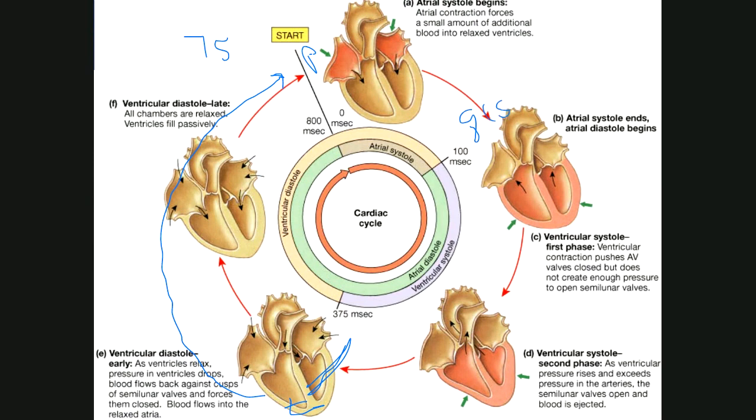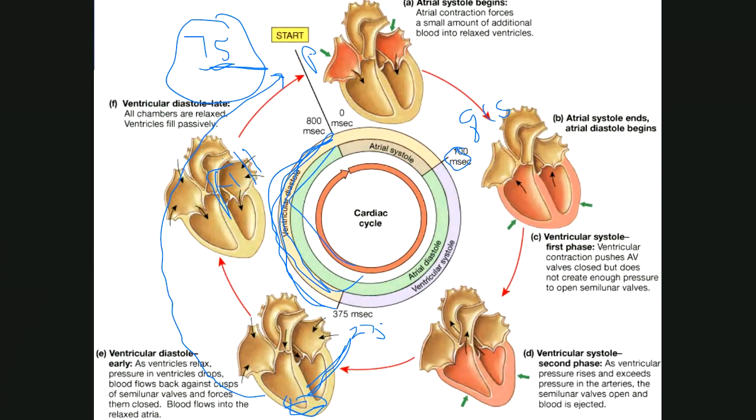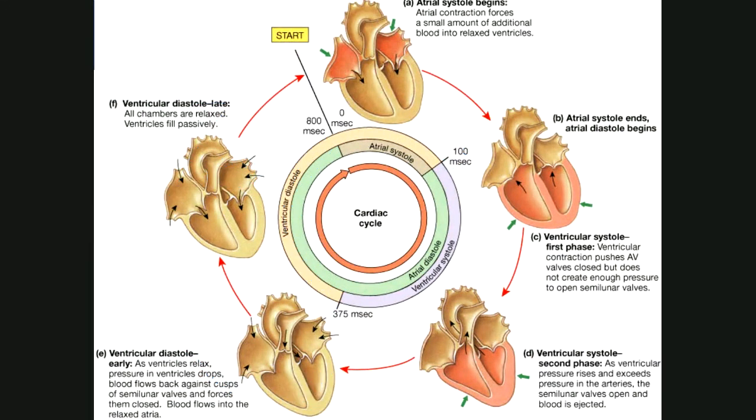So look, from P to QRS is 100 milliseconds. From QRS to T is 275 milliseconds. But look, this is the rest of the time right here. That is the fill time. And so if you have a heart rate of 75, we have this much fill time. But again, as the heart rate gets faster and faster, the amount of fill time is going to go down.